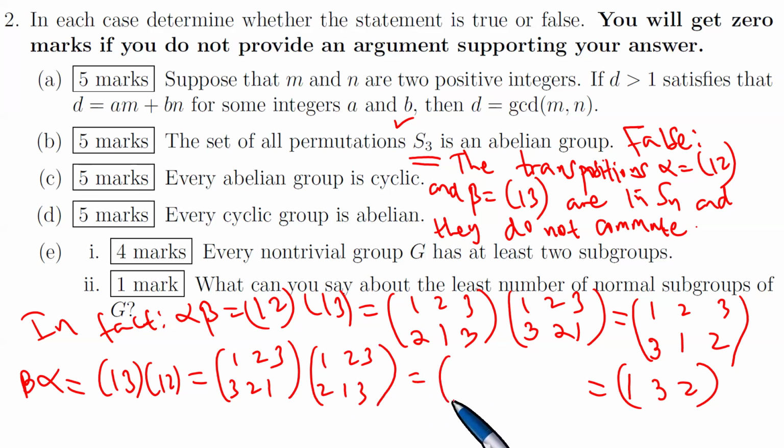Need to always remember these things. So I want to just do beta alpha. 1, 2, 3. Okay, let's see. 1 goes to 2, 2 goes to 2. 2 goes to 1, 1 goes to 3. 3 goes to 3, 3 goes to 1.